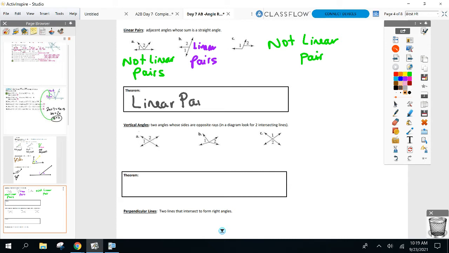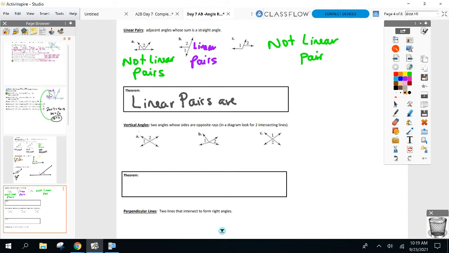Linear pairs are, blank, and you're going to help me fill it. And it's not adjacent. That's the definition. A true fact about linear pairs, other than they're adjacent. That's kind of like the definition. Look at part B. 1 and 2 are linear pairs. Can you tell me anything else about angles 1 and 2 other than they're adjacent?